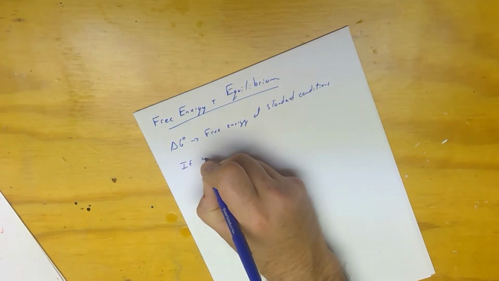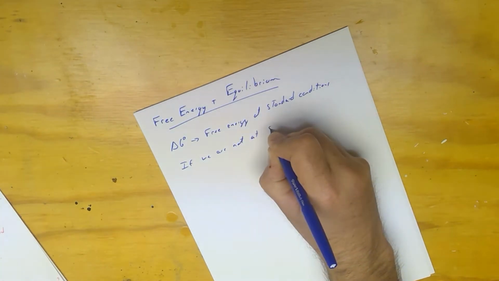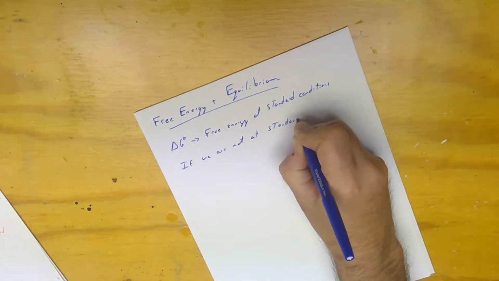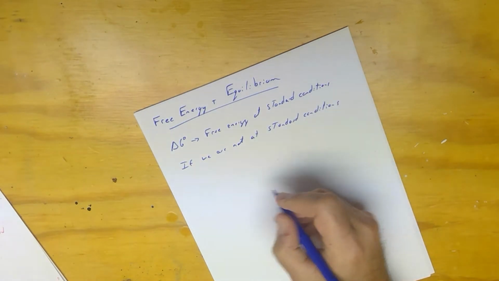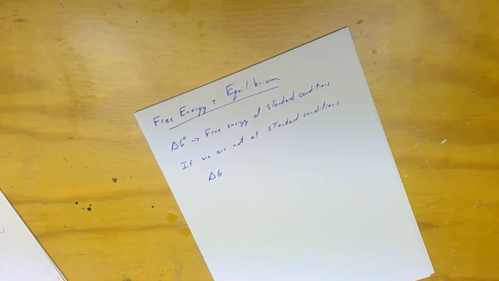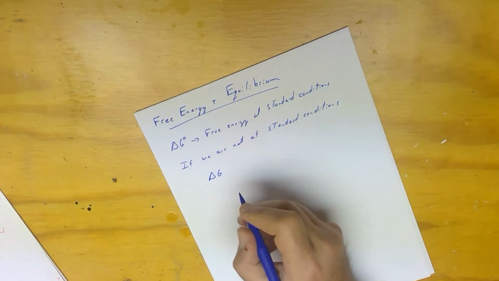So if we are not at standard conditions, we can calculate delta G. Now it's just delta G, no delta G naught, right? Because we're not at standard conditions.